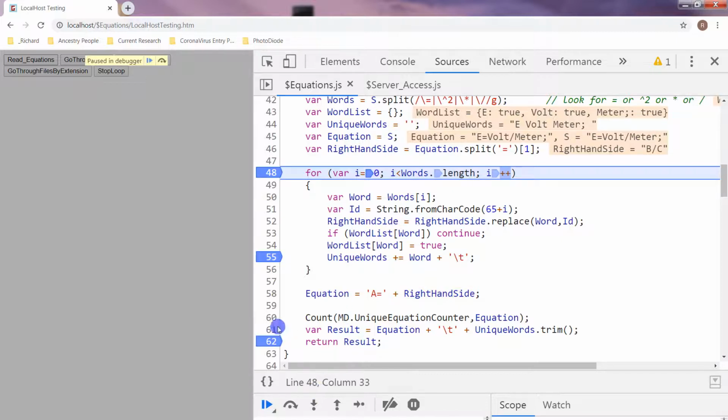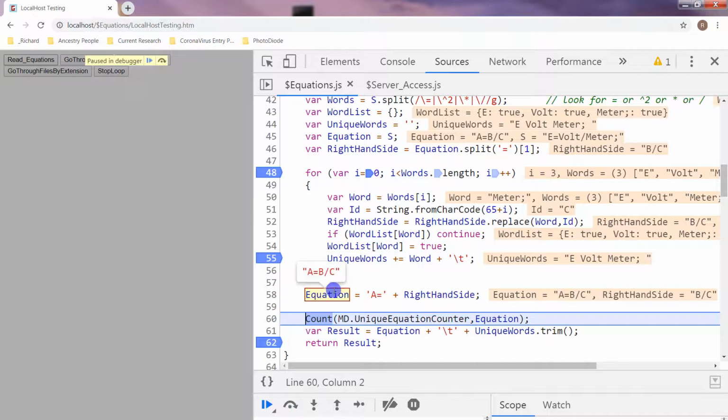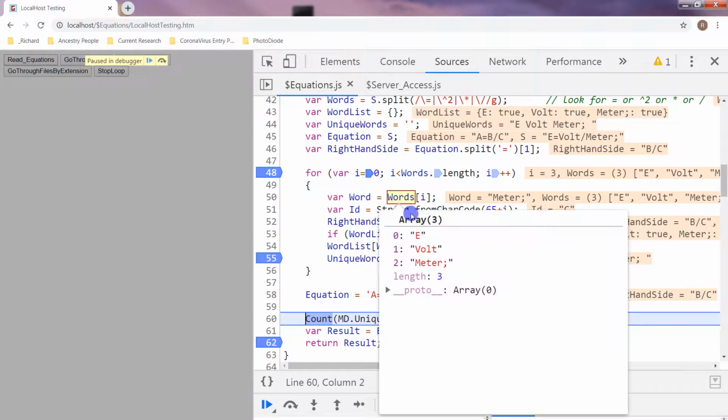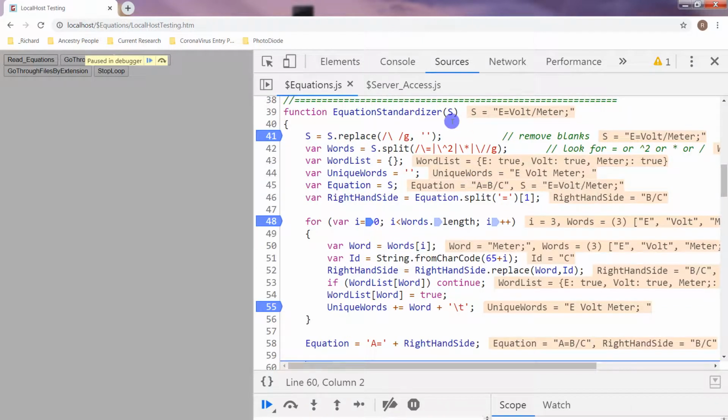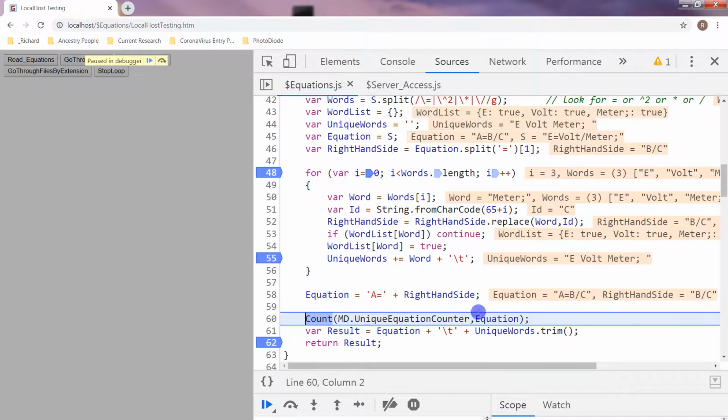So the equation, let's see here, A equals B over C is the generic type of this equation. So it started with this, E equals volts per meter, and the right-hand side of this, let's see, where was it? That's the equation. I counted them all.